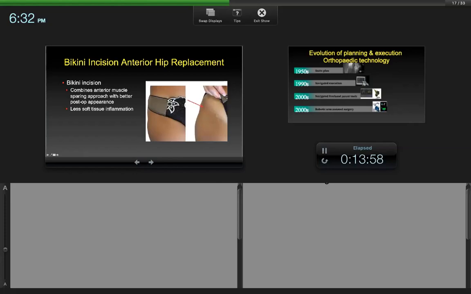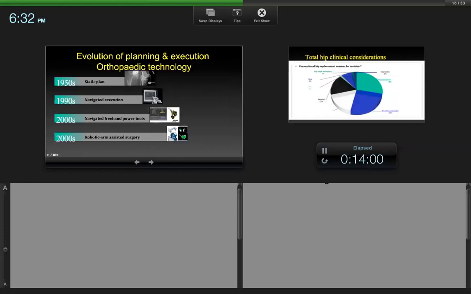tissue sparing, number two. So to get back, what's the history of robotics and hip replacement and all this stuff that we're talking about? So, hip replacement surgery came with Dr. Charnley out of the late 50s, early 60s, and didn't really become widespread until the 80s. And that was based on a static plan.